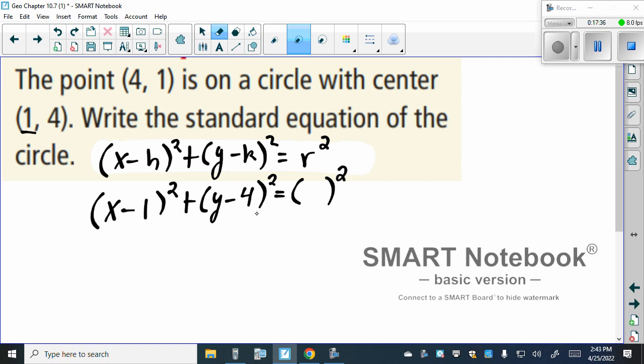So now we just need to find the radius. Well, I can go on and write out x minus 1 squared plus y minus 4 squared, so all I need to do is fill in the radius. Whenever we find it, I can plug it in to the first spot, square it, and I have my equation.